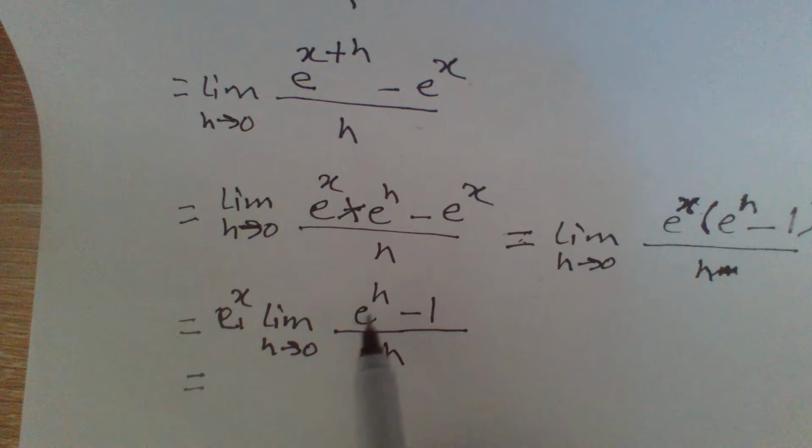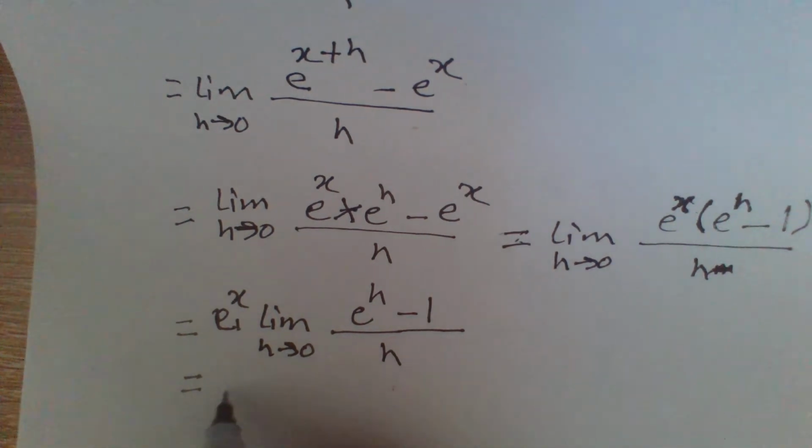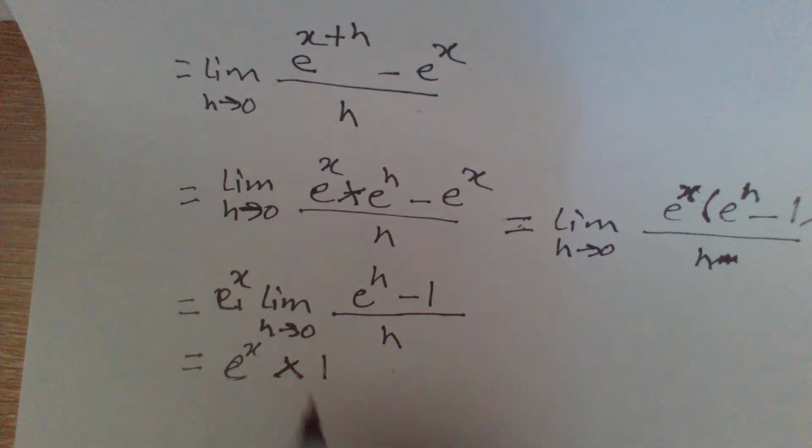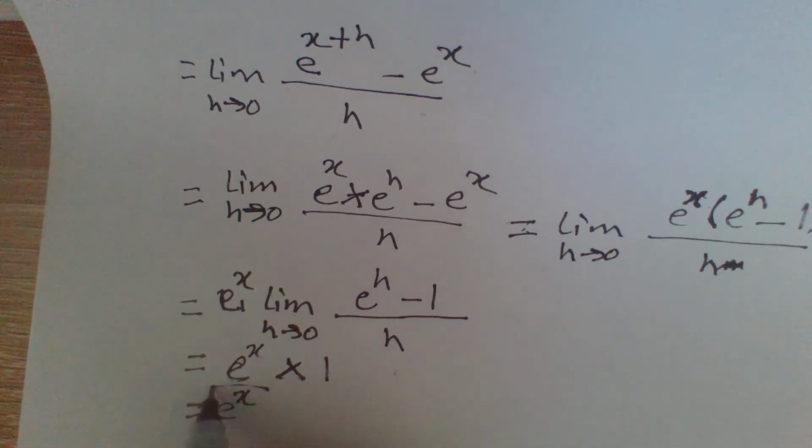If we substitute 0 into this equation, e to the power of 0 is 1, minus 1 over 0, and it's 1. So we just write e to the power of x times 1, and if we simplify this even more, it gives us e to the power of x.